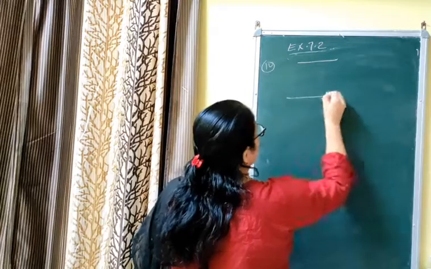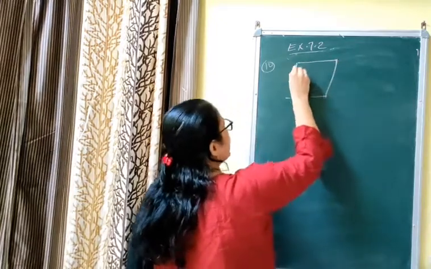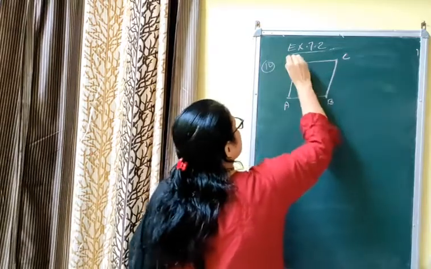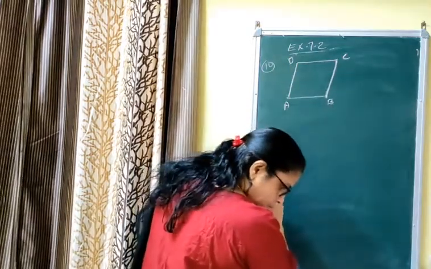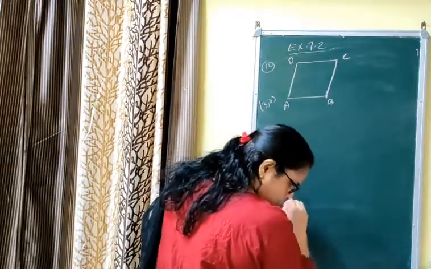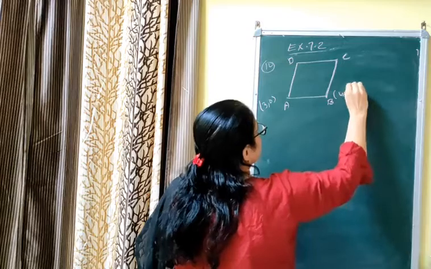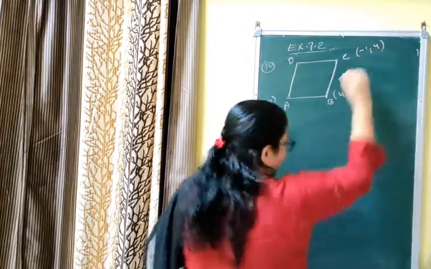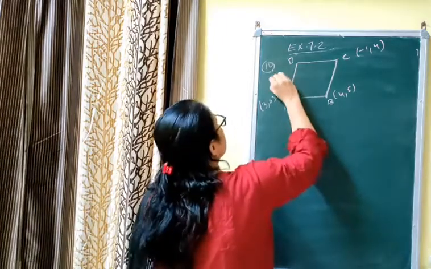So you are given a rhombus. Let me draw the rhombus first of all. This is the rhombus ABCD. You are given the coordinates: the first one is (3, 0), the next one is (4, 5), the third one is (minus 1, 4) and the fourth one is (minus 2, minus 1).